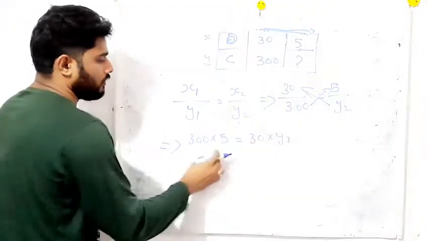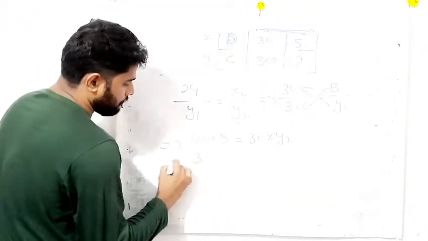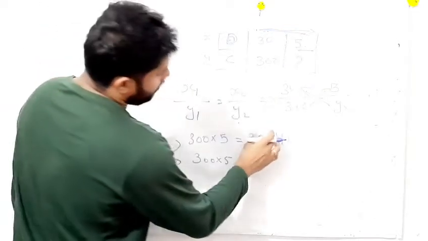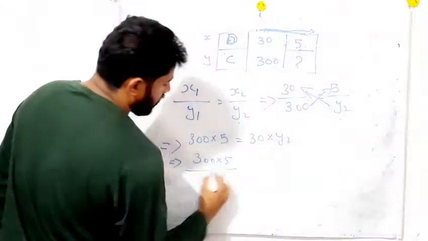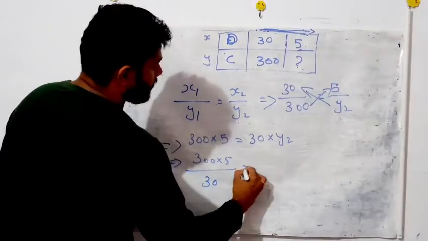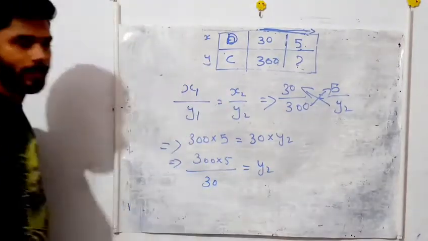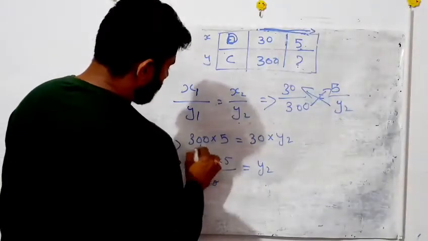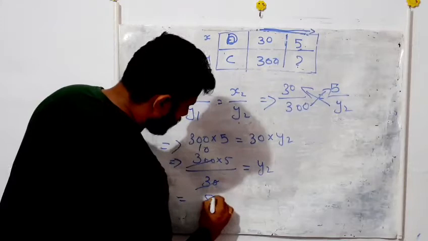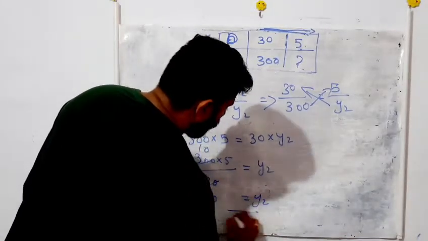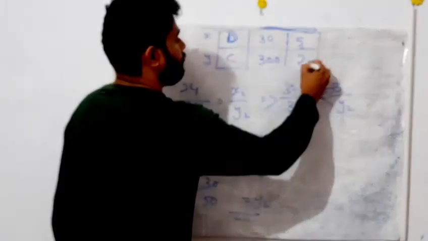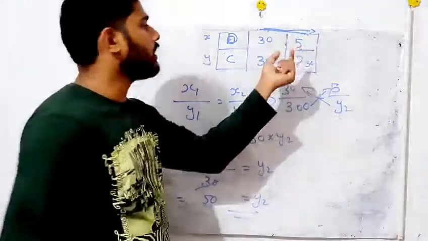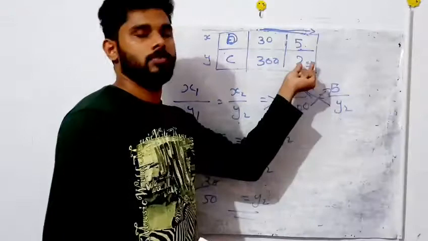Now this 30 will come to the left hand side, then it becomes divide by 30 which is equal to y2. Cutting the 30, 10 into 5 is 50. So the value of y2 we got is 50. The cost of 5 dozen is 50 rupees.